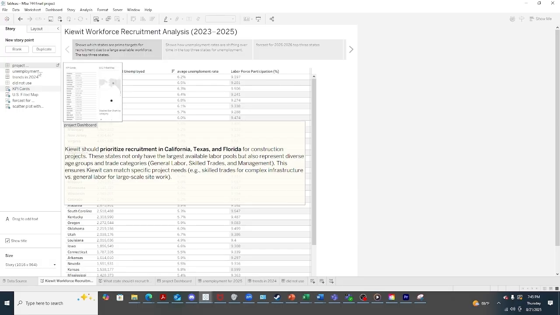You can also see on here that California and Florida show the same thing, making them high candidates as well. So I decided to use those three as my top recommendations for Kiewit's recruiting states.